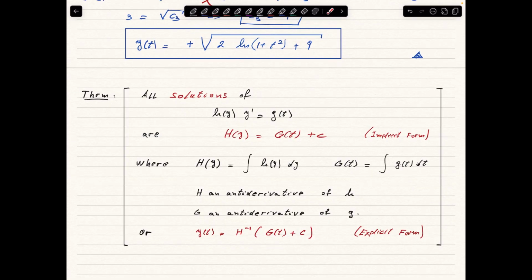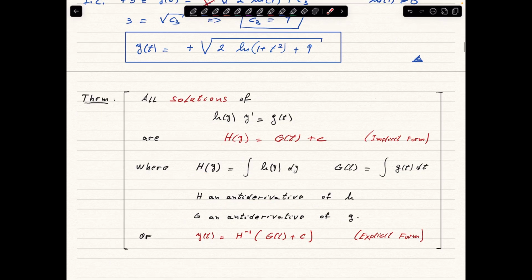Suppose we have a differential equation that is separable and is written in separable form. The y is here, the t is over there. Then all the solutions of these equations are going to be given by this formula. What is big H? Big H is an antiderivative of small h, whatever you have here.